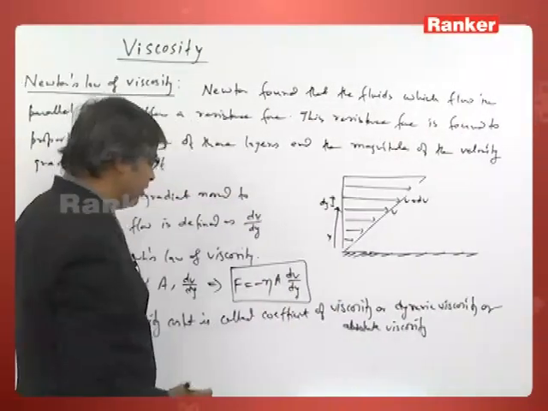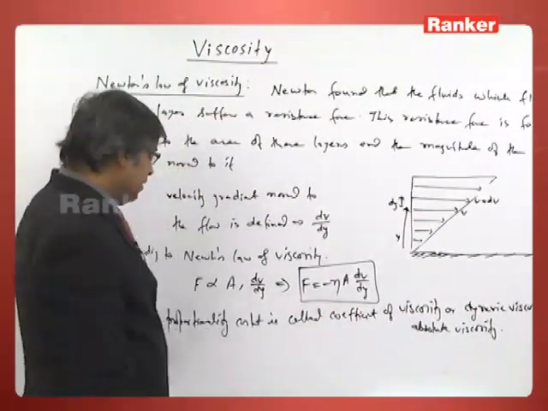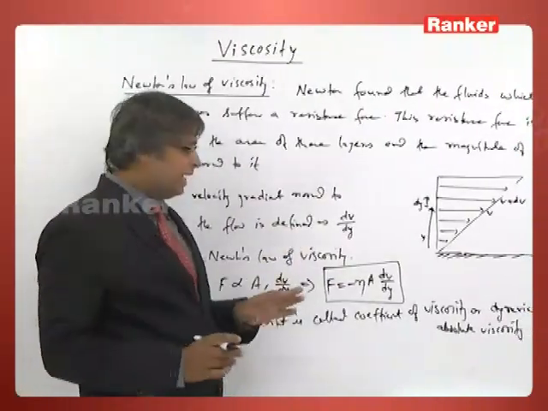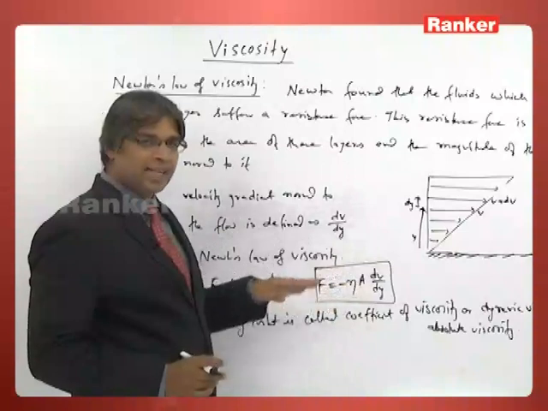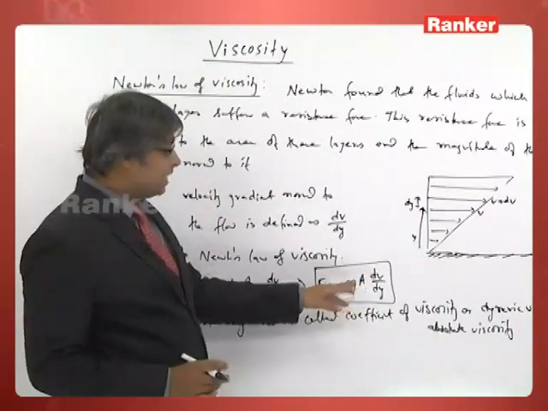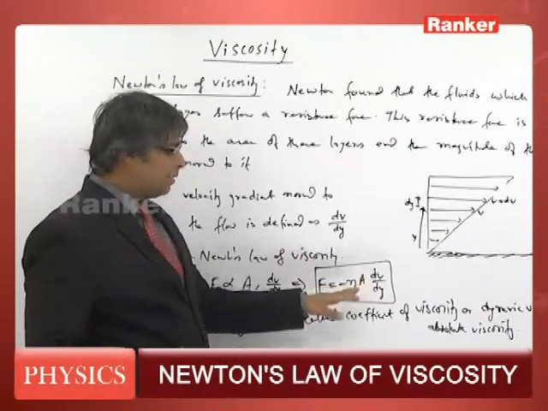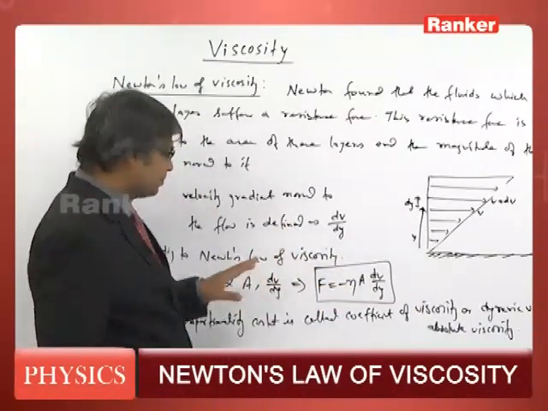So, this is eta. Now, this eta does not have a special name in SI units, but in CGS units it has a special name called poise.